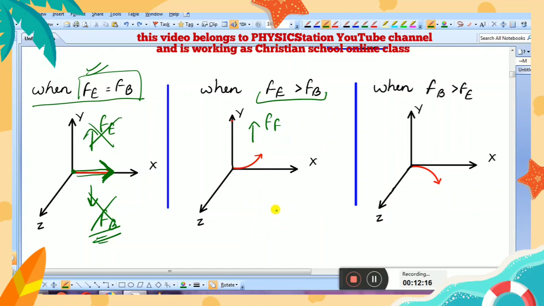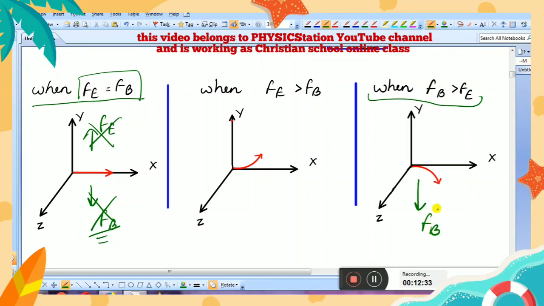So after this, let us try to understand the third scenario. In this case, we are taking that Fb is greater than Fe. That means here Fb, this force, is stronger and the motion of charge is along x-axis.